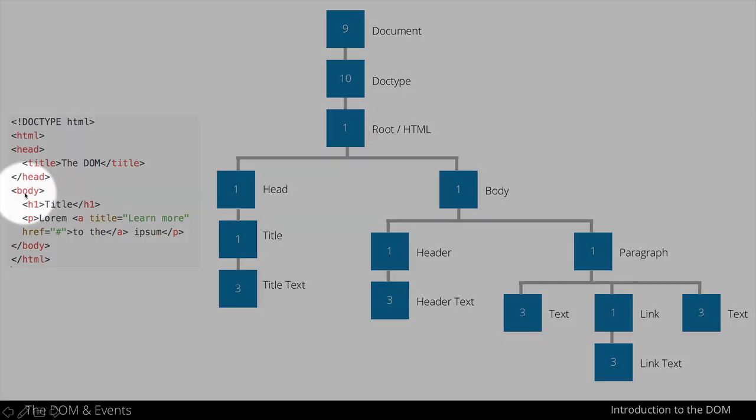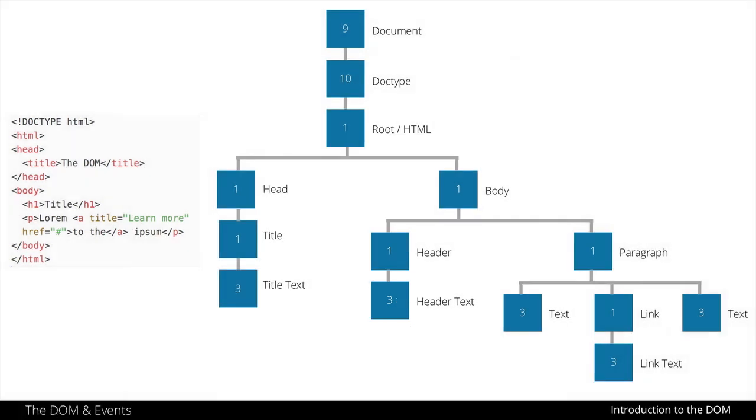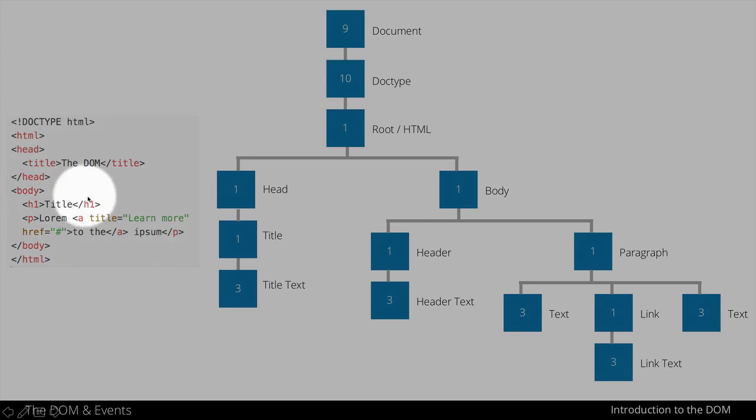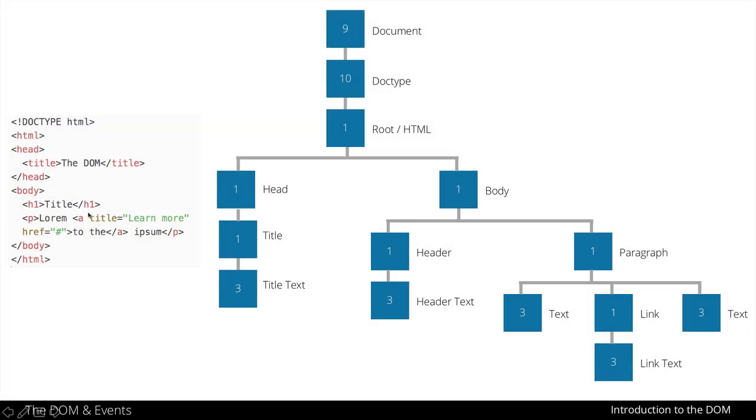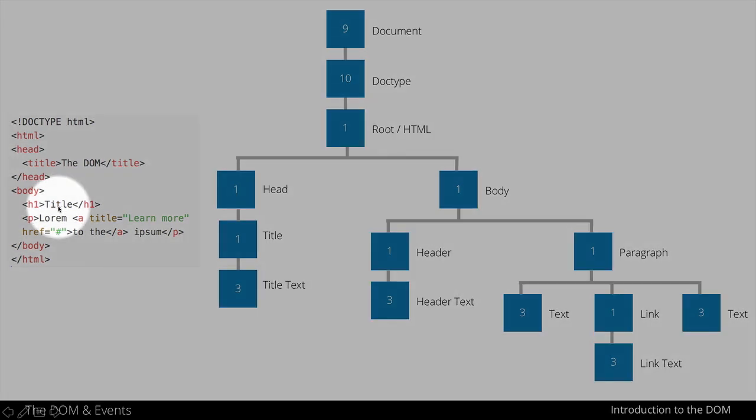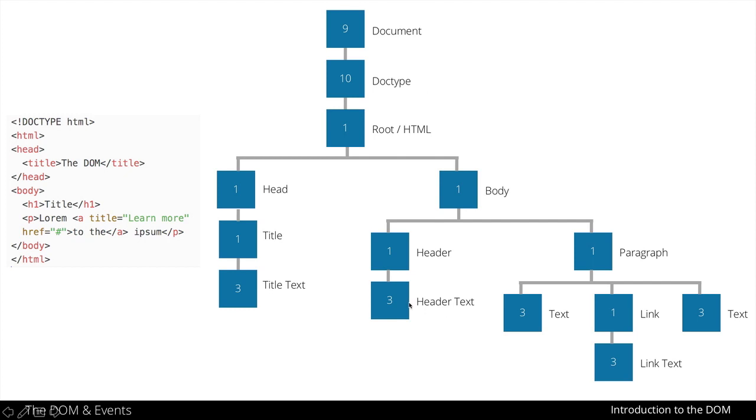Then we come over to our body, and we can see inside of that we have a header, again with the header text, pointing out once more that these are two different types of nodes in JavaScript. The opening and closing element tags will make up the number 1 element node, whereas the text that goes in between it is going to be a child node of that, which is the header text.